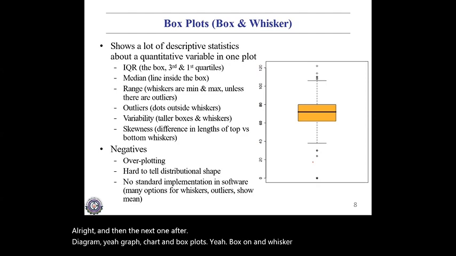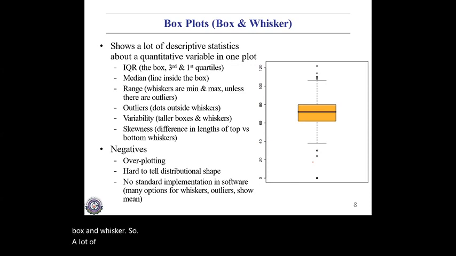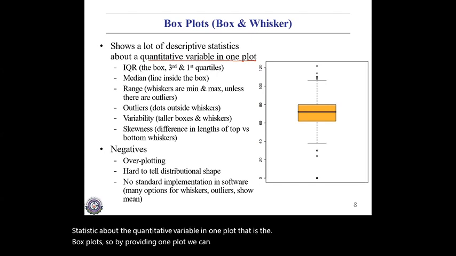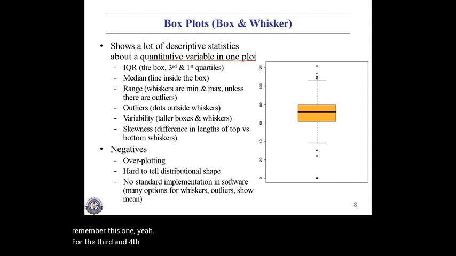And then the next diagram, graph, or chart is box plots, or box and whisker. Box plots show a lot of descriptive statistics about a quantitative variable in one plot. So by providing one plot, we can see a lot of descriptive statistics, like the IQR, the third and fourth quartile from the previous lecture, and the median.